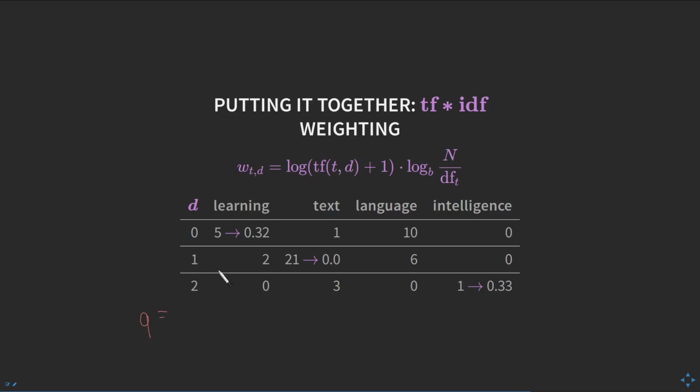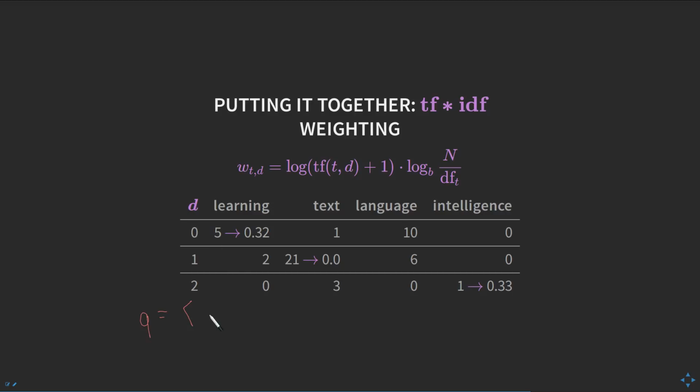Again, we probably have way fewer words in our query, but at least we have some weight to them, given the fact that we know the document frequencies from the training set or our entire collection, so we can weight these, and then we get an extra vector for a query.